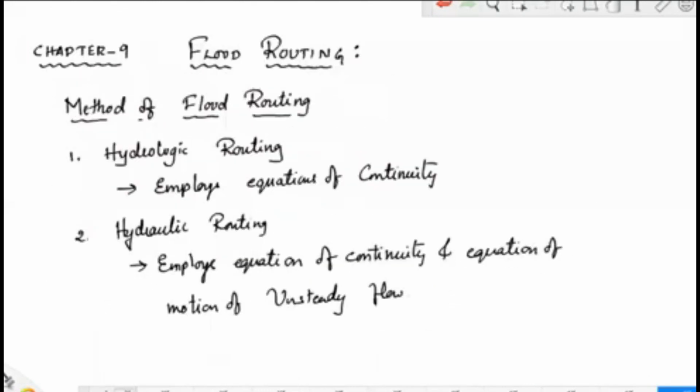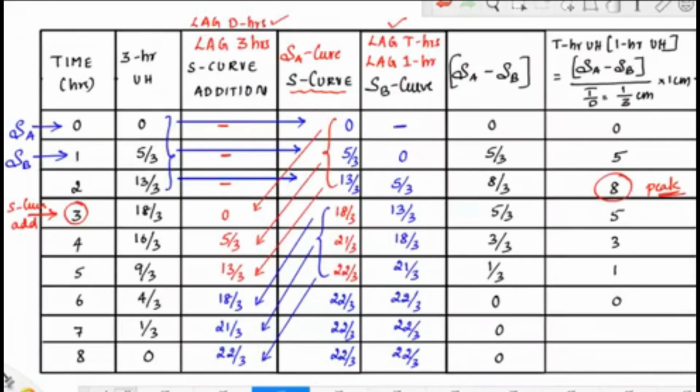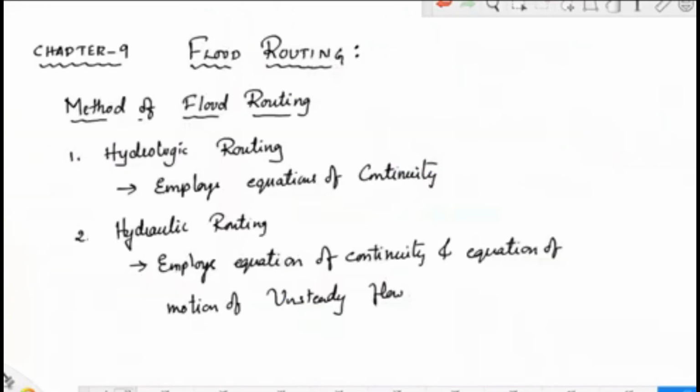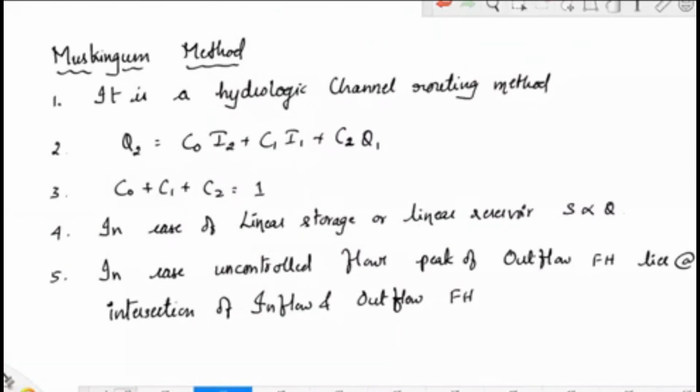Okay, which slide? So here I1 and I2 are inflows at times T1 and T2.